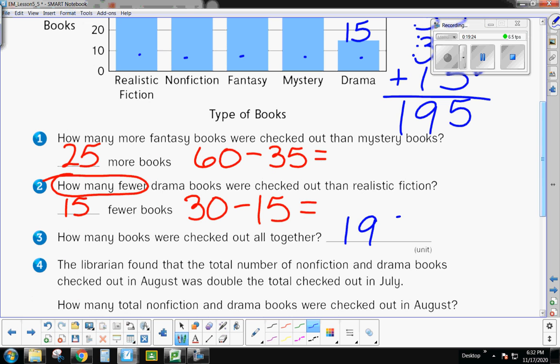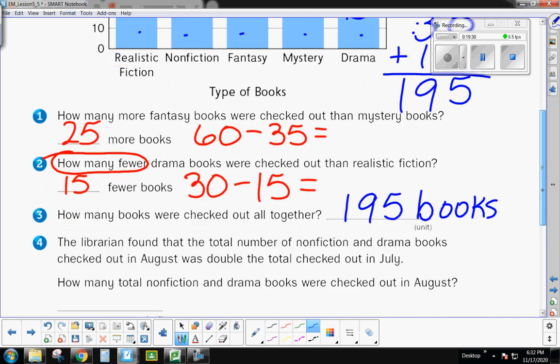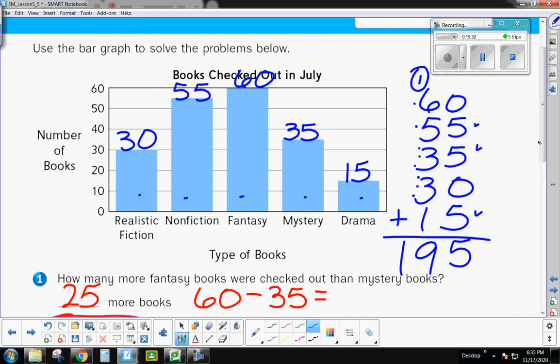Now I'm going to check myself. 195 books. I'm going to check myself by counting the bars now, counting these spaces. So let's see here. I'm going to go ahead and start with my 60. So I know that I've got 60 here. 70, 80, 90, 100, 110, 120, 130, 140.